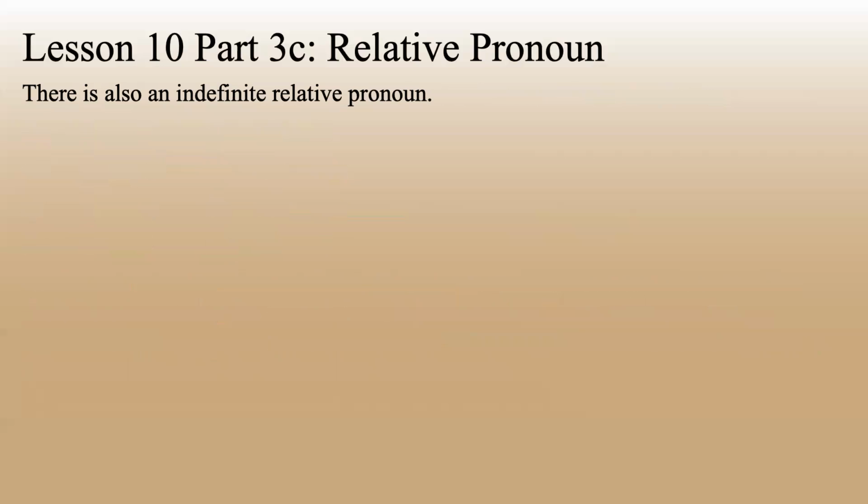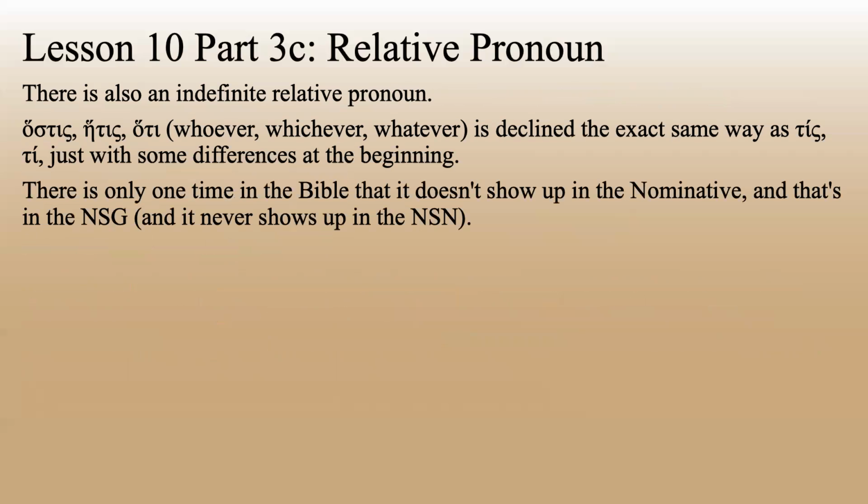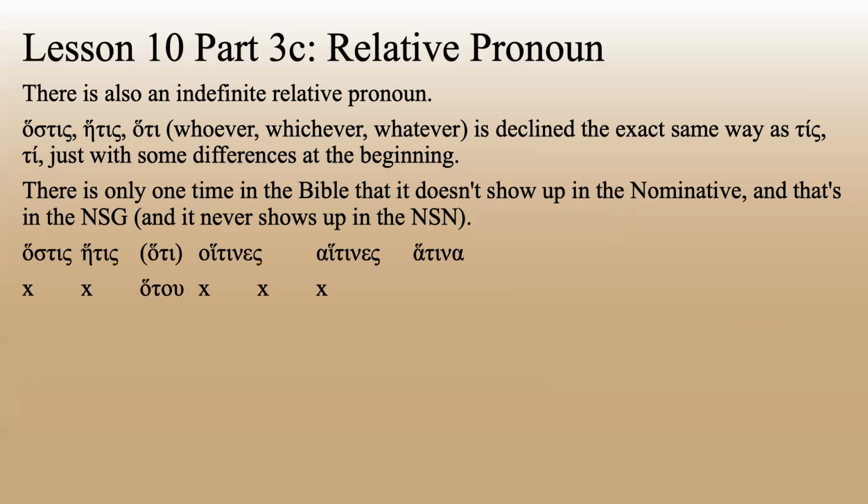Now, there is also an indefinite relative pronoun, hostis, hatis, and hati, which are whoever, whichever, and whatever, declined the exact same way as tis, ti, but with some differences at the beginning. There's only one time in the Bible that it doesn't show up in the nominative, and that's in the neuter singular genitive. And it also never shows up in the neuter singular nominative. So here are the forms as they show up in the Bible.